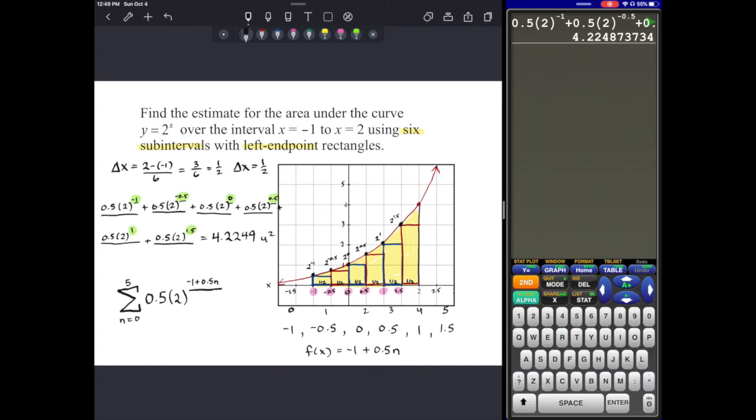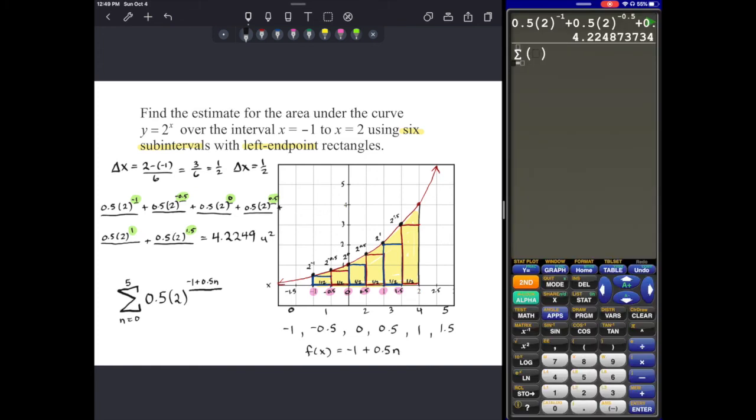So we do alpha, window, on mine. Yours might be different. I'm going to use x's instead of n's just because it's easier to type them in. I'm going to say from 0 to 5. And I'm going to say 0.5 times in parentheses 2. If you're using an Inspire, please make sure you put the times sign between the 0.5 and the 2.